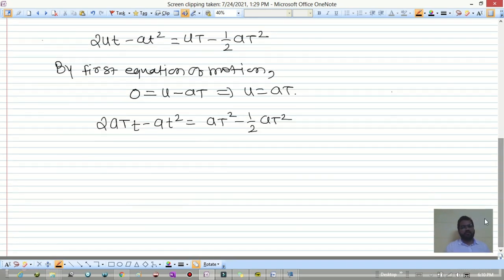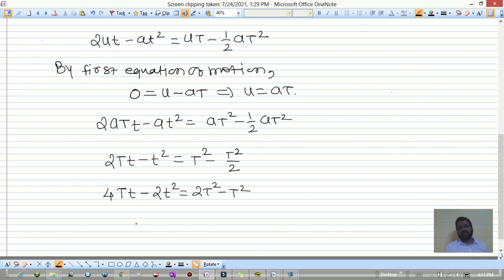Now take a common from both sides, we'll get 2 capital T small t minus t squared is equal to t squared minus t squared divided by 2. Multiply by 2 throughout, you will get 4 capital T small t minus 2t squared is equal to 2t squared minus t squared. And if you solve this, you will get 2t squared minus 4 capital T small t plus capital T squared is equal to 0.